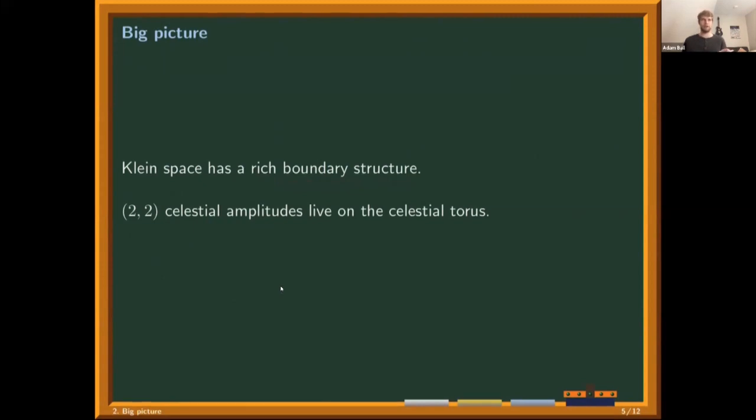Yeah, and then particularly we find that in Klein space, celestial amplitudes live on the Lorentzian signature celestial torus rather than just some rotated celestial sphere.